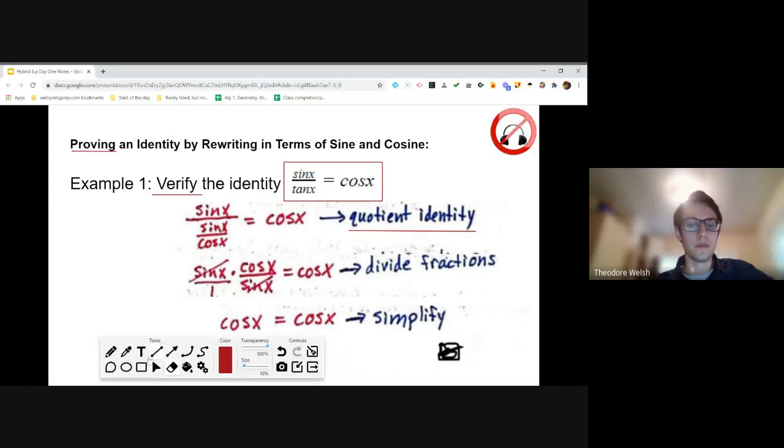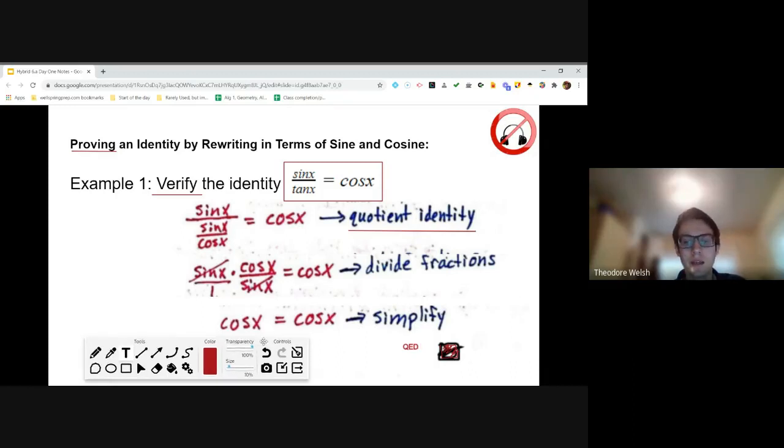The last thing is I have this little box colored in. That's the symbol we use to say our proof is done. Or also the letters QED. QED is an acronym for a Latin phrase that basically means I'm done with the proof.